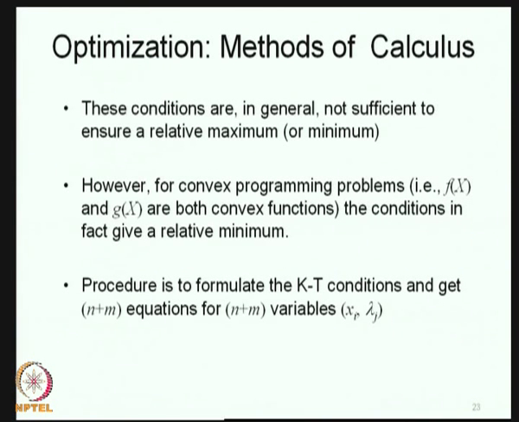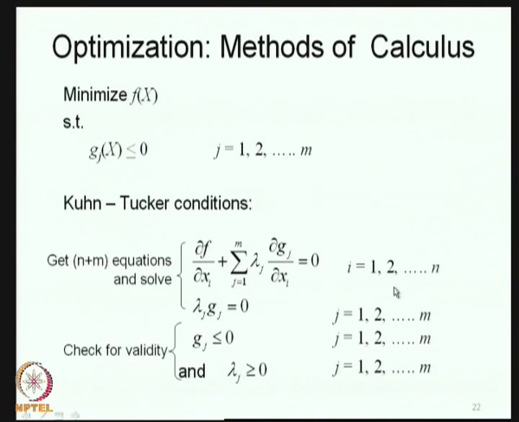We use the first n plus m conditions to solve for the n plus m variables, and then check the other two conditions, namely g j of x less than or equal to 0 and lambda j greater than or equal to 0, to verify whether the n plus m variables that you obtained in fact satisfy the other two sets of conditions.